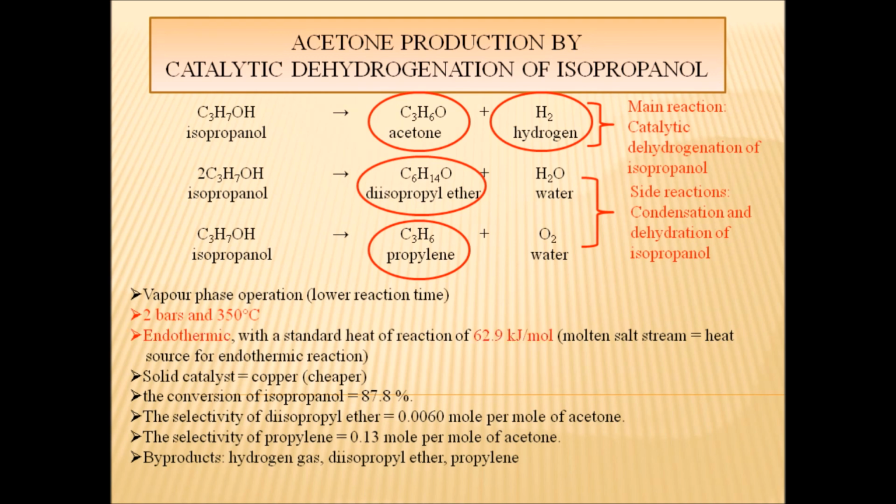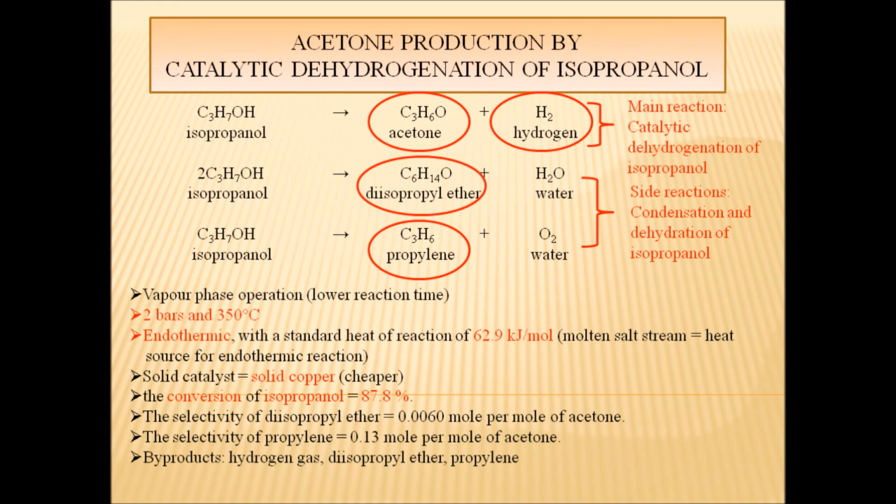This is an endothermic reaction with a standard heat of 62.9 kJ per mole. A molten salt stream is used as a heat source for the endothermic reaction. The catalyst involved is a solid catalyst of copper, zinc, or nickel, but copper catalyst is chosen in our plant due to its relatively lower price compared to the other two.